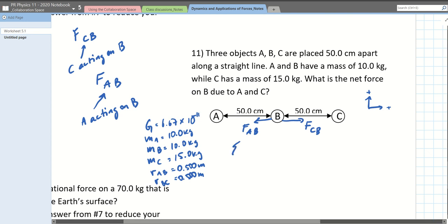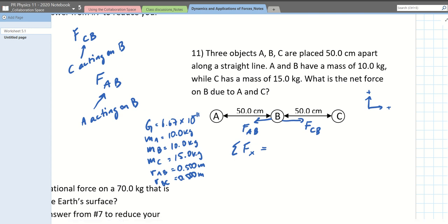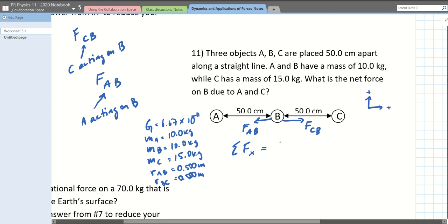So basically in our F net equation, we only care about the x direction, even though they might be sitting on a hard surface. So there might be normal forces and force of gravity acting on it, but again, we only care about the x direction. Like I said, this is not a proper free body diagram. I just labeled the two forces acting along the x-axis. So the F net is going to be the two forces.